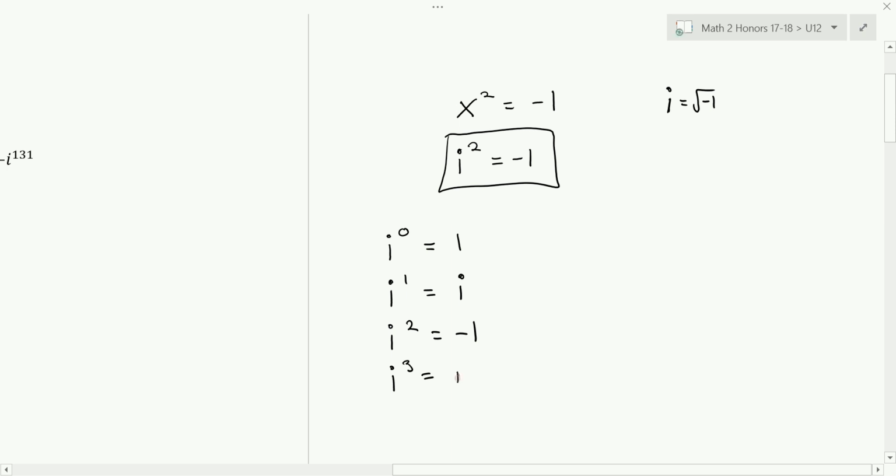That means i squared times i, right? So i cubed just means a product of 3 i's. And I already know what i squared is, so I could substitute a negative 1 for i squared. So it's negative 1 times i, and I end up with negative i as an answer.